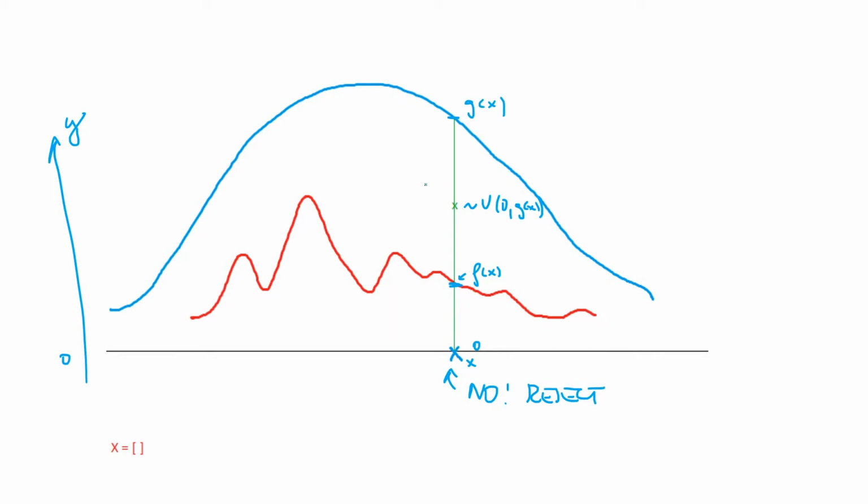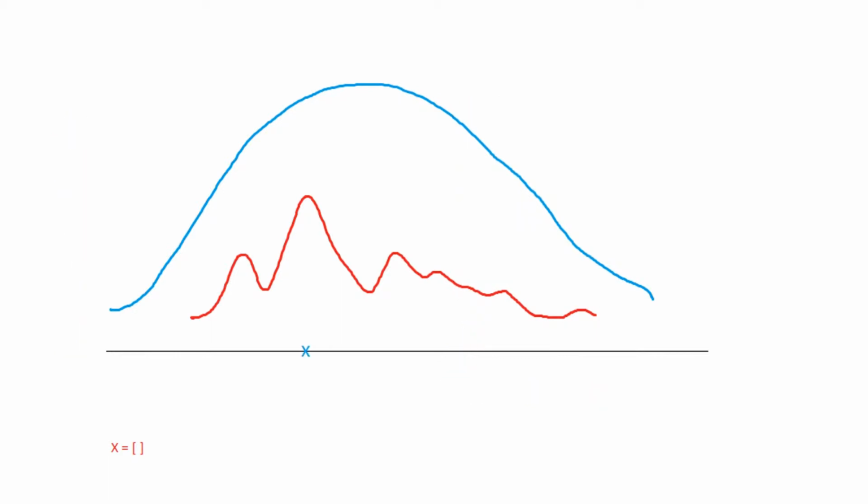If the green cross is below the red line, which means it's less than f(x), then we would accept it. And this is the magic. So again, we sampled from the blue distribution. We draw the line.